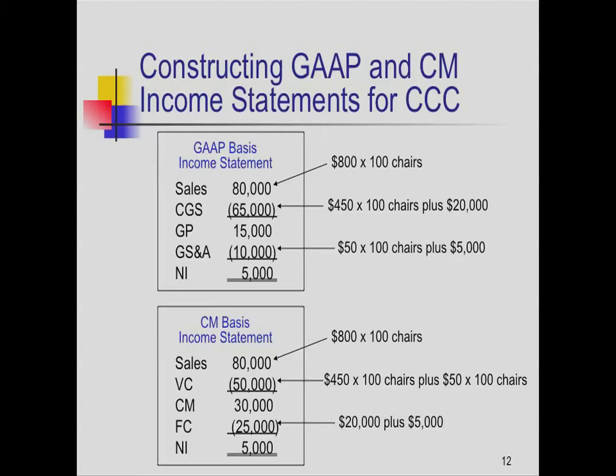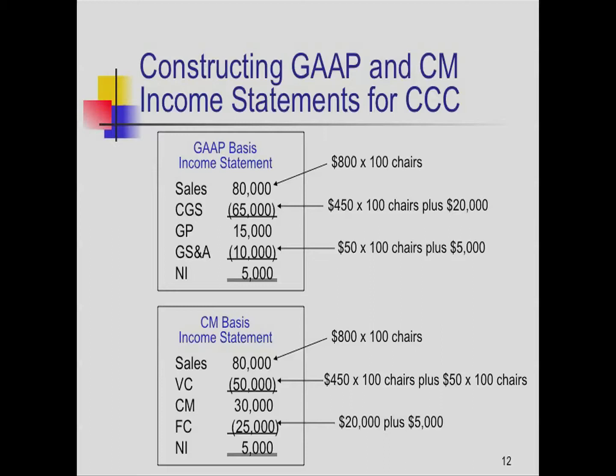And you'll notice on the contribution basis, the income statement begins and ends exactly the same way. I'm going to have the same profit, my bottom line net income is going to be identical, my sales is the same. The difference is how we distinguish cost. Again, we're just splitting our cost by behavior, fixed and variable, as opposed to by function, cost of goods sold versus general selling and administration.